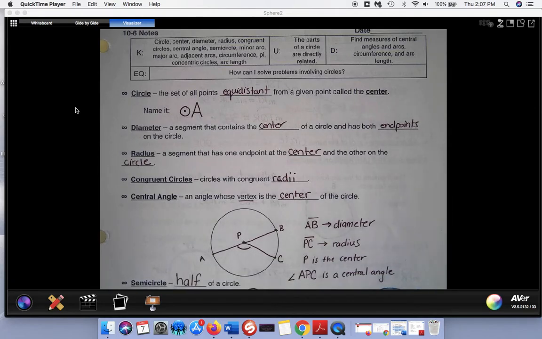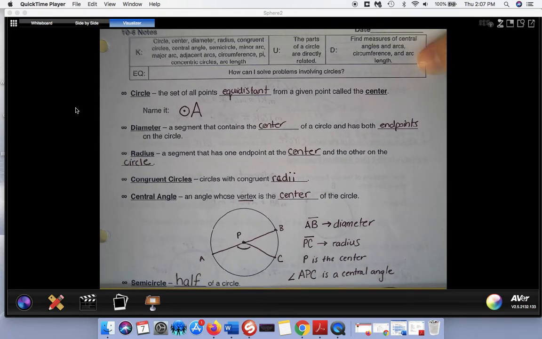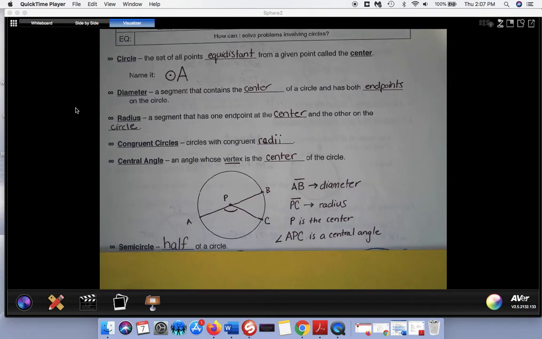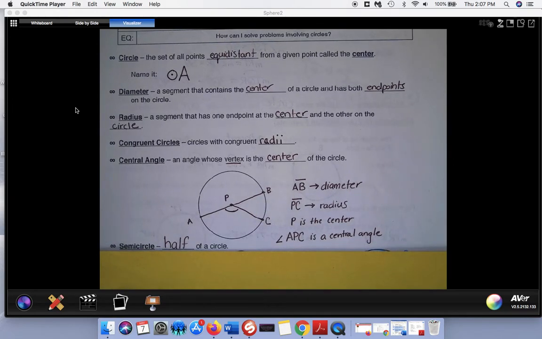I'm going to go ahead to this circle that is in the middle of this page and talk about some of the things from the top that we see down here in the circle. So a diameter is a segment that has its endpoints on the circle and has to pass through the center of the circle. Right?